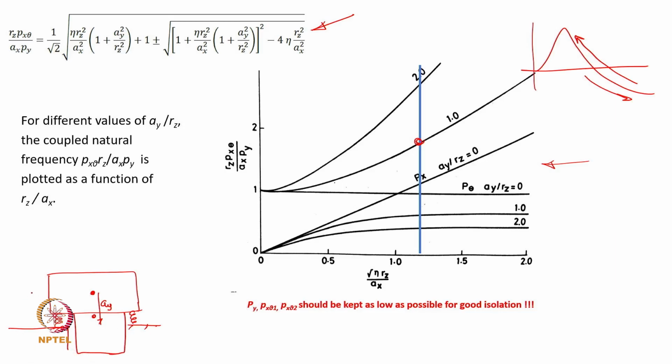The other alternative, if you can manage, is to support it here and have less additional concrete or other mass fitted there to shift the CG down. So that's the practical way of getting around coupling of the system.